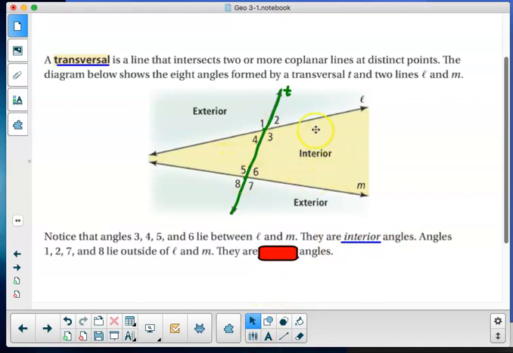These are the interior of those two other lines. Angles 1, 2, 7, and 8 lie outside those lines, so they are considered exterior angles. So the interior angles are angle 4, angle 3, angle 6, angle 5. The exterior angles are angle 1, angle 2, angle 7, angle 8.